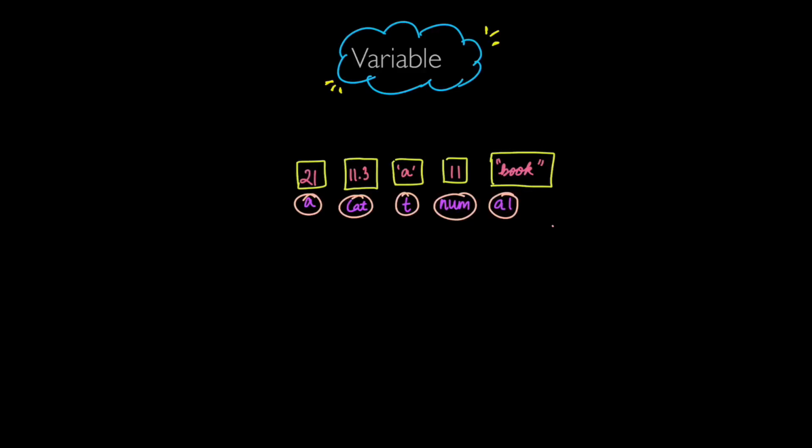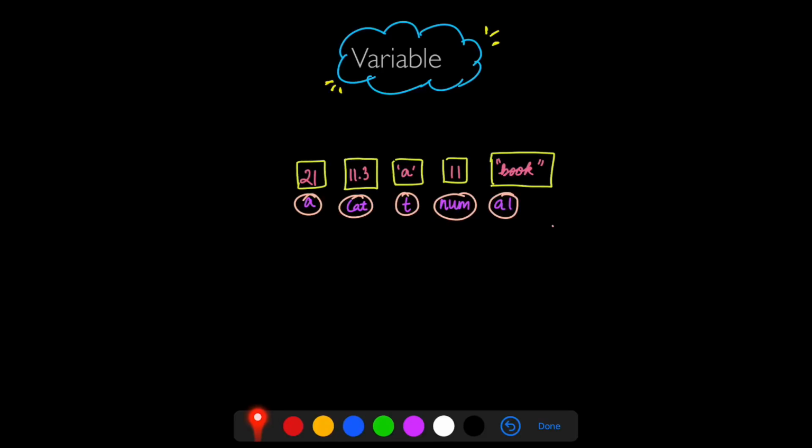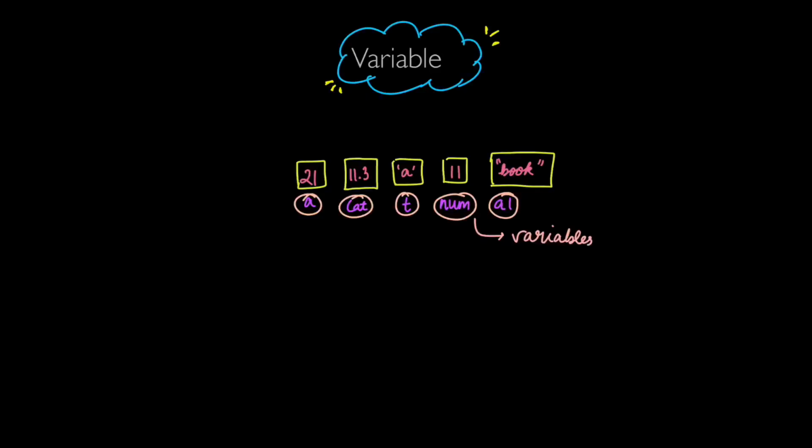As you can see, a variable can store an integer value, a float, a character type, or even a word. But make sure you use single quotes for a character and double quotes for a word. Here A, cat, T, number, A1 all represent variables. And all of the things above are what is stored in these variables.